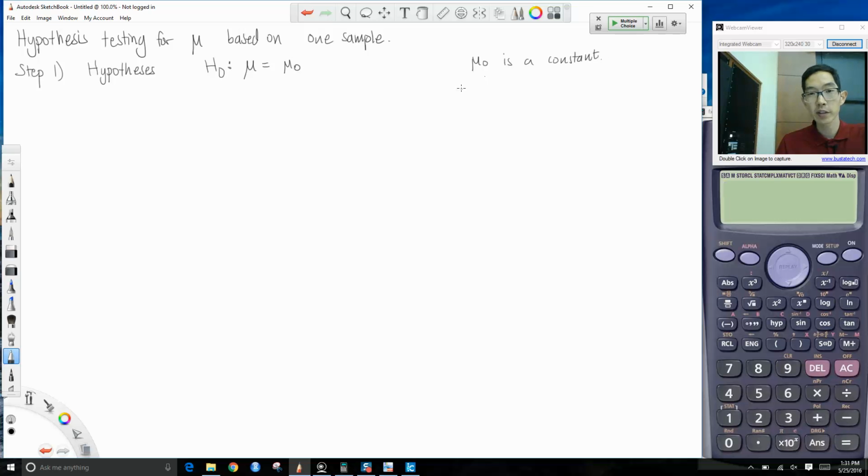So, for example, our null hypothesis could be something like mu is equal to 30, where mu naught is equal to 30, so our null hypothesis would be mu is equal to some number 30, okay? The alternative, again, is identical to the null hypothesis, except we replace the equal sign with something else, like a not equal sign, or mu is greater, or mu is less than some number, okay?